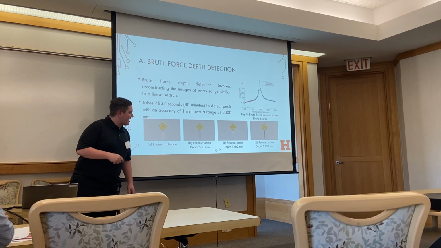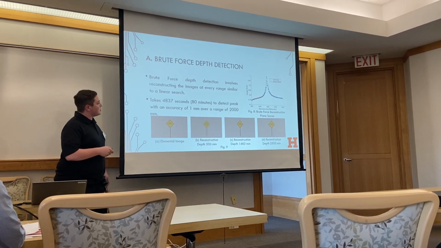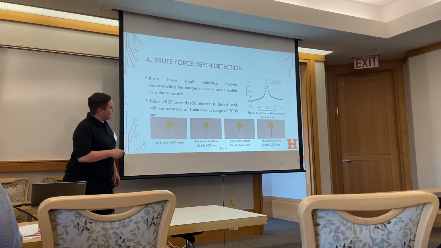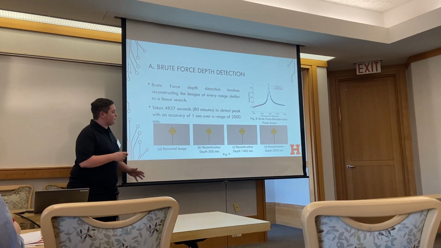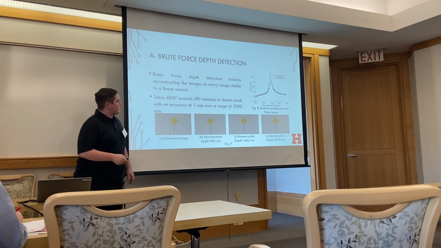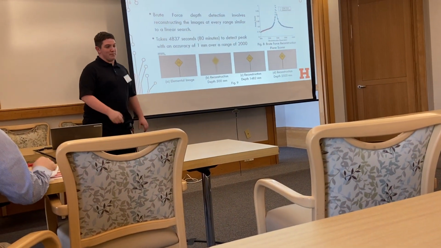And finally at a reconstruction depth of 2,500 millimeters, which is at the very end of our graph. So you can see that the reconstructed results go up to their maximum at a depth of 1482 millimeters before going back down again.